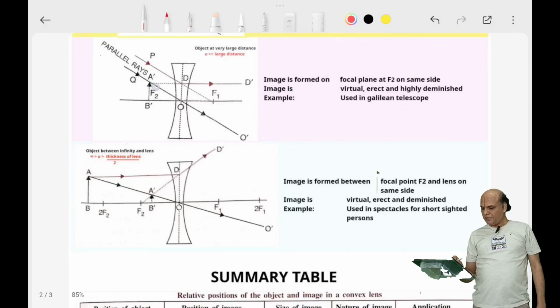Now when you draw the refracted rays backwards, the image is formed at A dash B dash. This image is virtual, highly diminished, and also erect. It is formed on the same side of the lens, on the focal plane.